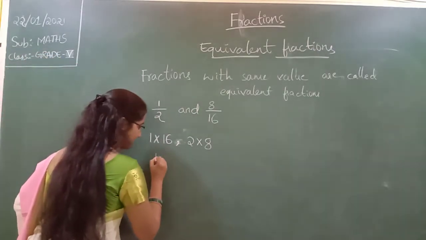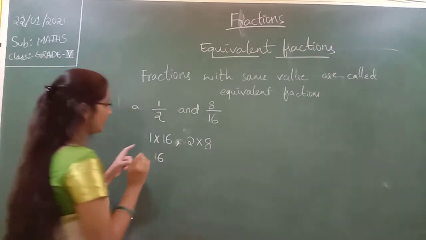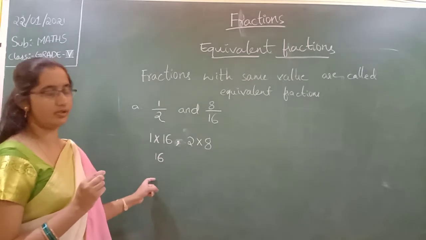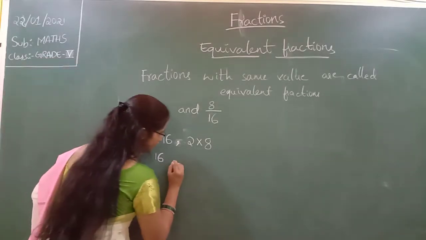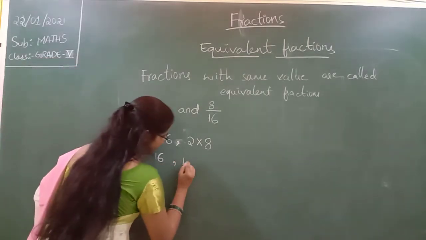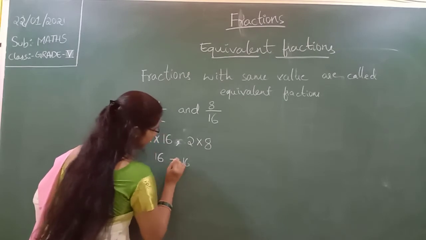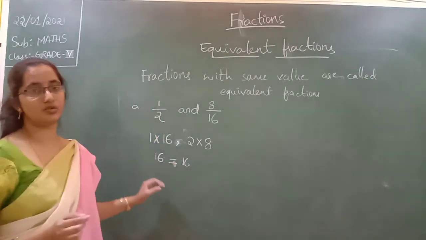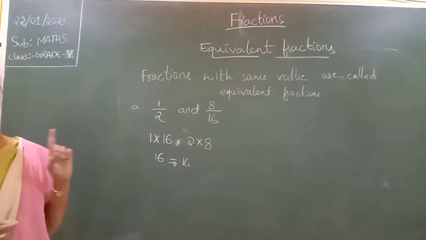Whenever you multiply with 1, you always get the same number. Then 2 eights are 16. Are both numbers equal? Yes, they are equal. So these two are equivalent fractions.